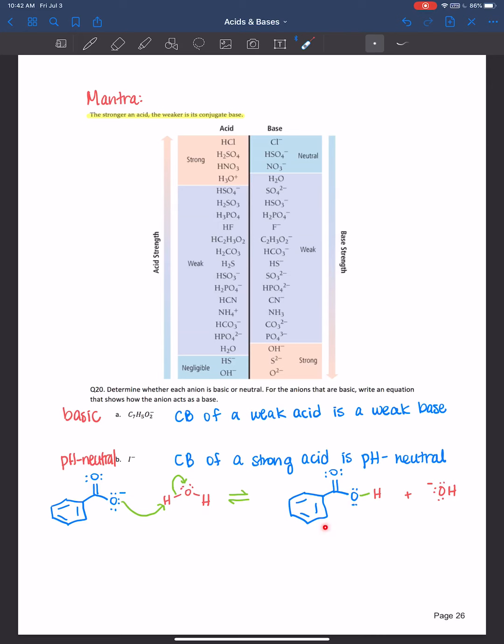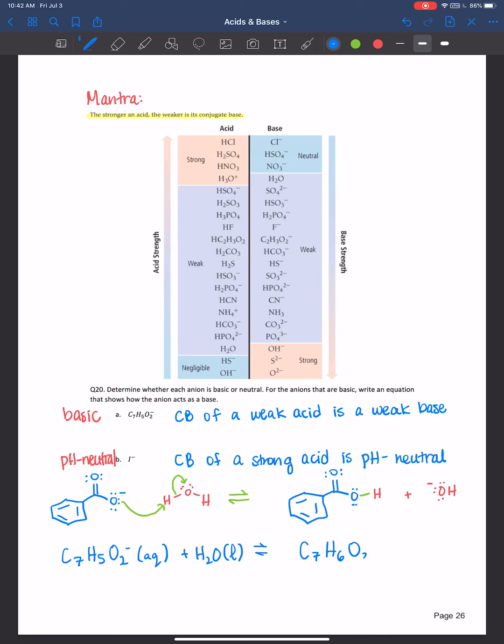And then it produces the conjugate acid of benzoate, which is benzoic acid. Now, if you wanted to write this in a general chemistry format, you can just write the formula. So this was C7H5O2 minus plus water to give you C7H6O2.